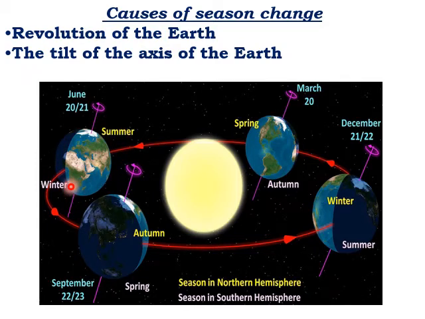So during revolution, when the northern hemisphere is tilted towards the sun, it's getting more sunlight and has summer. Similarly, the southern hemisphere is not getting enough sunlight, so here in the southern hemisphere there is winter. So when in the northern hemisphere there is summer, in the southern hemisphere there is winter.